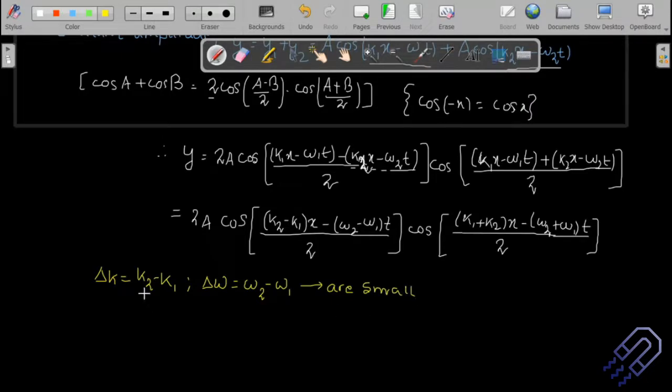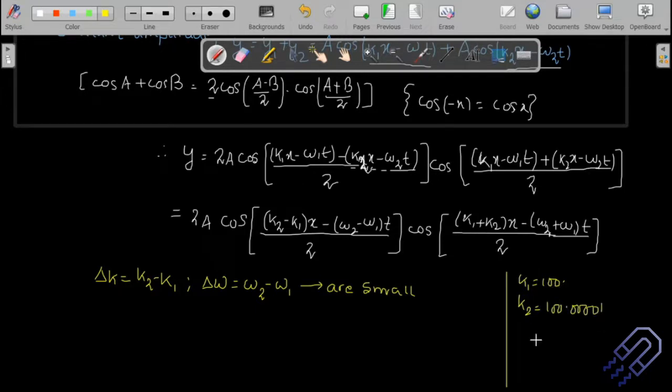But k2 minus k1 is the difference. That might be small, but k1 plus k2 might not be small, because that's not the difference. We are adding up two quantities, right? I hope you understand this. Let me explain this before I write down the expression. Suppose your k1 is, I'm just taking a random value, let's say 100, and k2 is 100.12341.